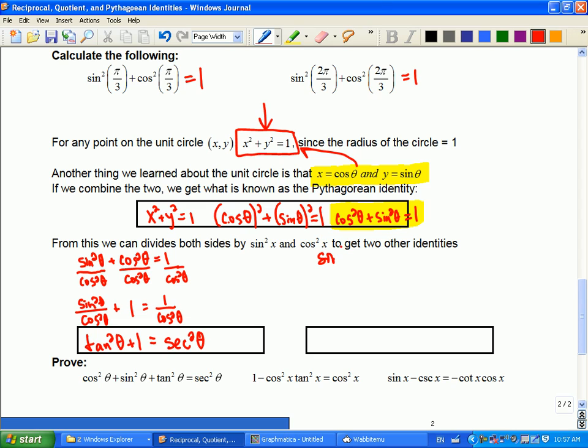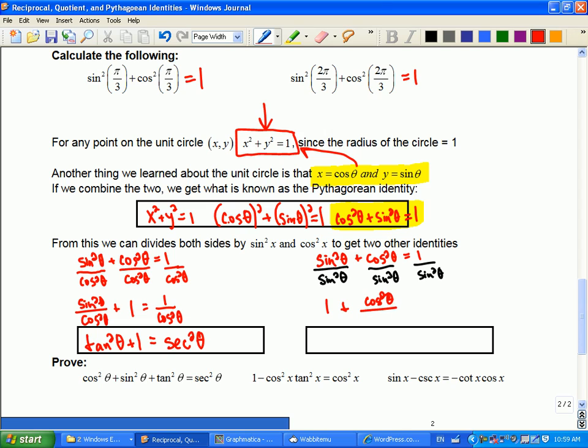Okay, and we can do the same thing over here. Sine squared theta. This time I'm going to divide everybody by sine squared. See what you come up with if you divide everybody by sine squared. Okay, so we can call this 1 plus cotangent squared.